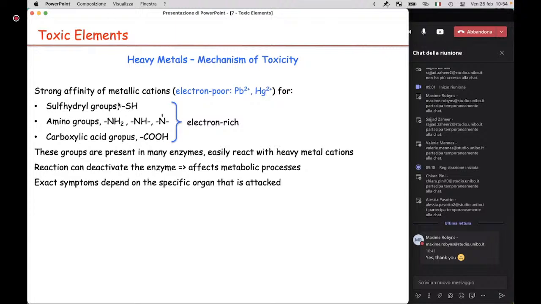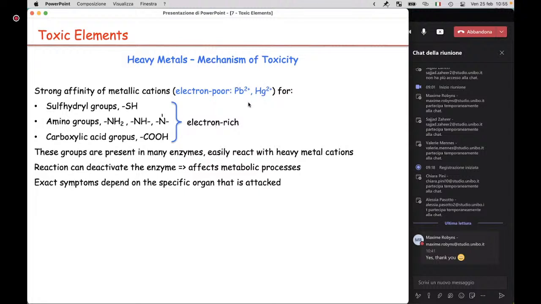So, of course, electrons are negatively charged, so they are quite exposed to reaction with cations that lack electrons, okay? And you may imagine that carboxylic groups, amino groups, and thiol groups are very important parts of amino acids and thus of proteins.